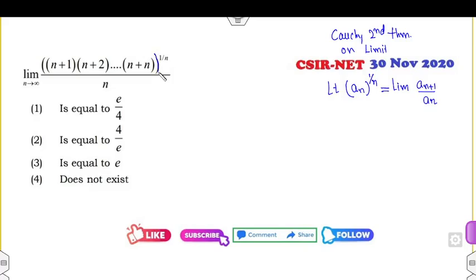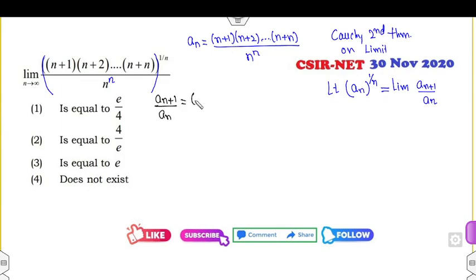So firstly, I can write this completely in the form of n raised to power. Now what is my an? It is n plus 1, n plus 2 up to n plus n, that is 2n, divided by n raised to power n. So let's start with an plus 1 over an. What is an plus 1?